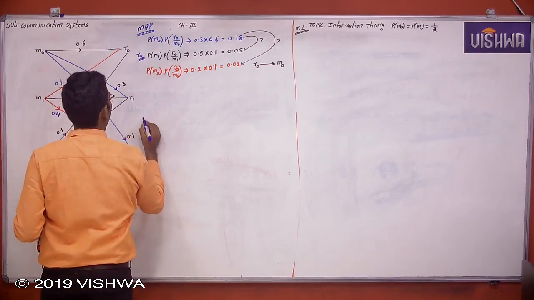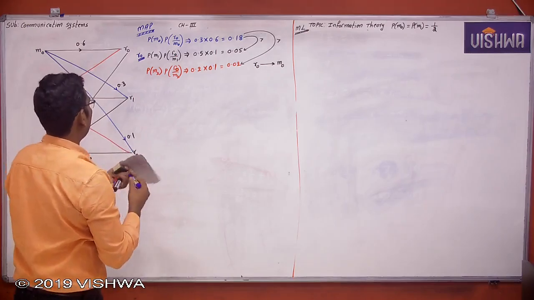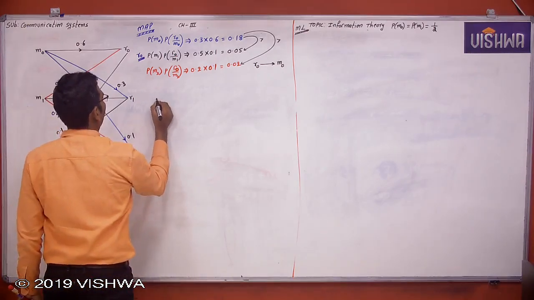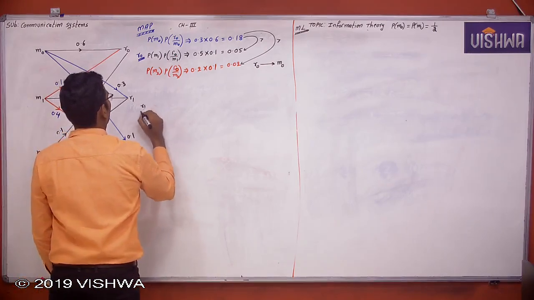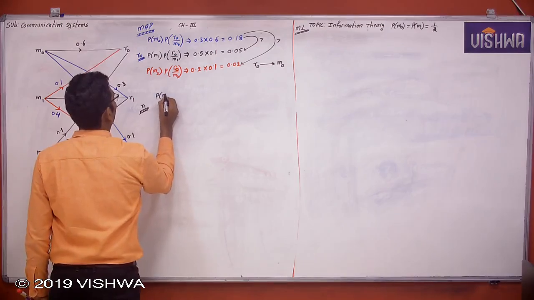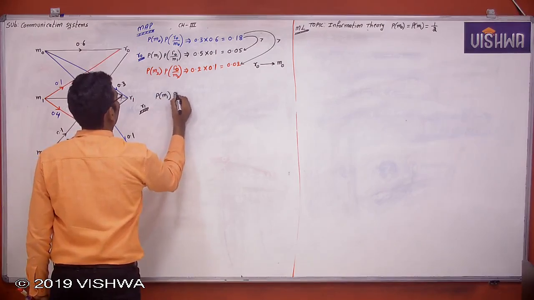Now what about R1? The main product is P of M1 into P of R1 by M1.